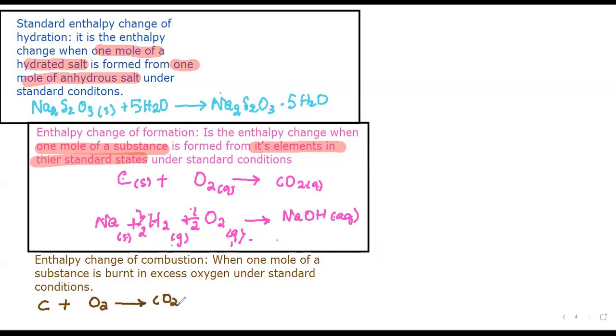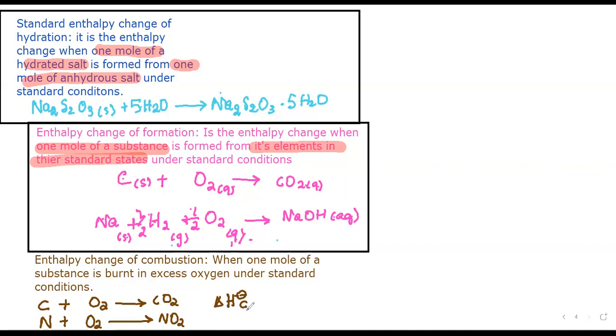This will be my standard enthalpy change of combustion. If I have 1 mole of nitrogen that burns in oxygen to give me nitrogen dioxide, this is also my enthalpy change of combustion. So this is what enthalpy change of combustion is.